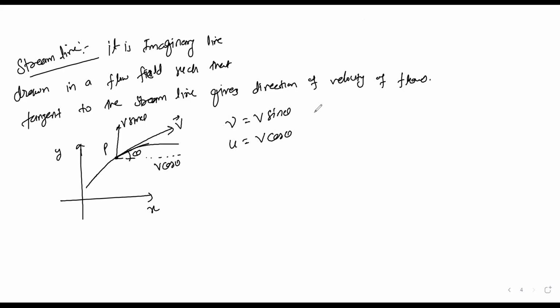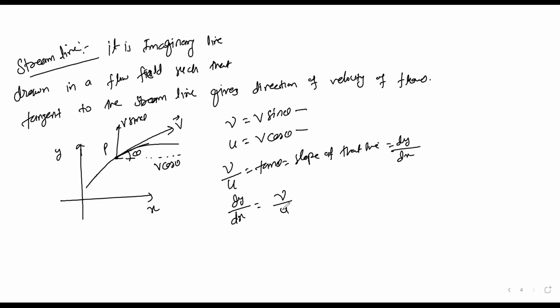If you divide these two, you will get v by u equal to tan theta. And tan theta indicates what? It indicates the slope of the line. Which line? That line. And that slope is given as dy by dx. So dy by dx is equal to v by u.